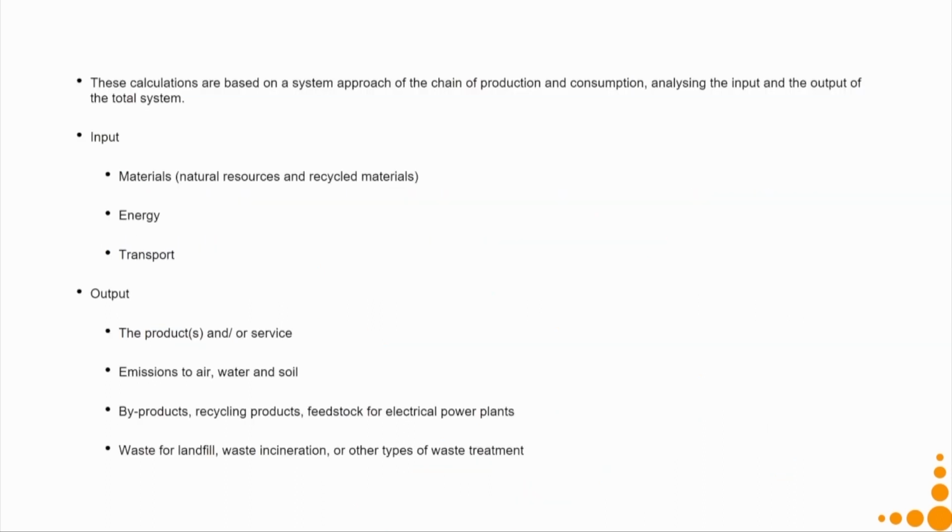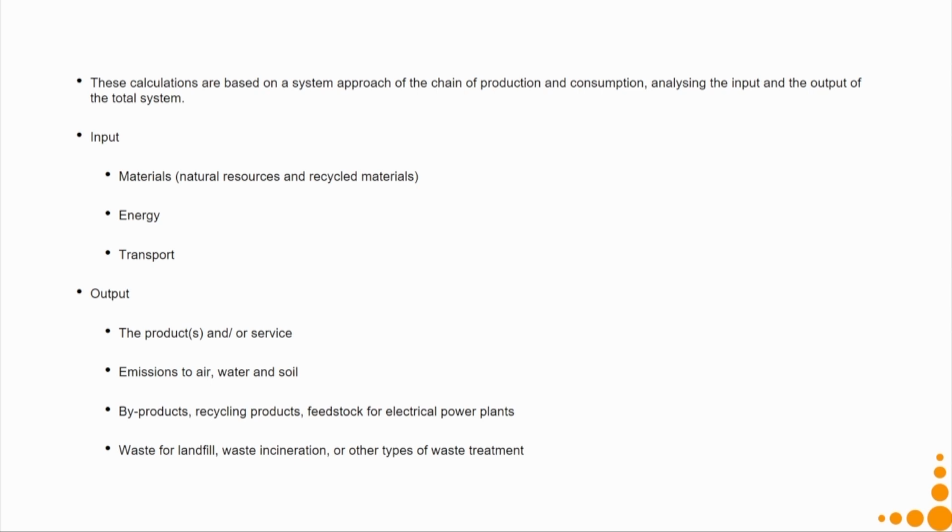So, these calculations are based on a systems approach. Now, this is a whole system of the chain of production and consumption. It analyzes the input and the output of the total system. So, the inputs are materials, which are natural resources and can also be recycled materials, the energy and the transportation. The outputs in these cases are the products and or services, emissions to air, water and soil, any kind of byproduct, recycling products, feedstock for electrical power plants.